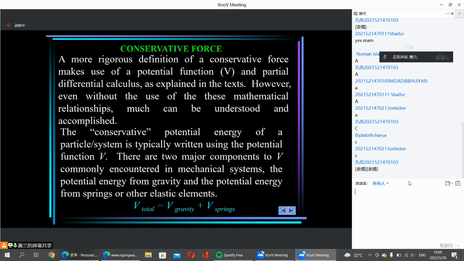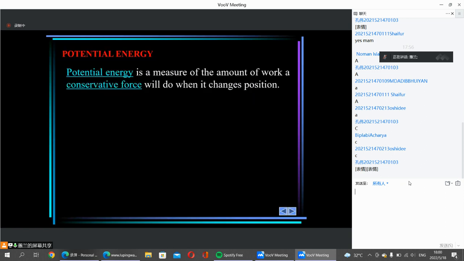The spring force only depends on the initial and the final stretch length for the work by the spring. So gravity force and spring force are conservative forces.